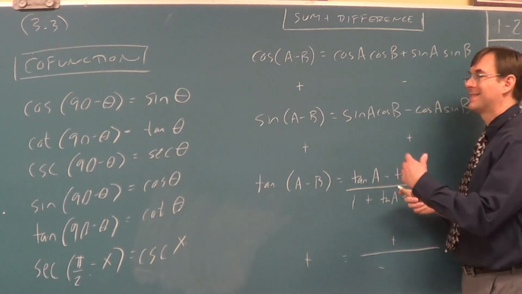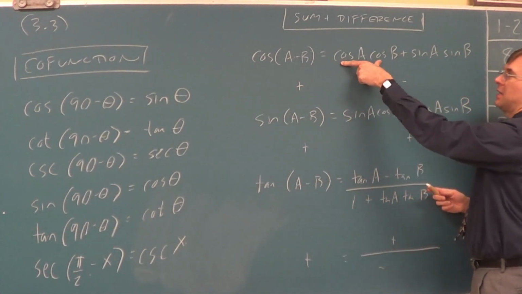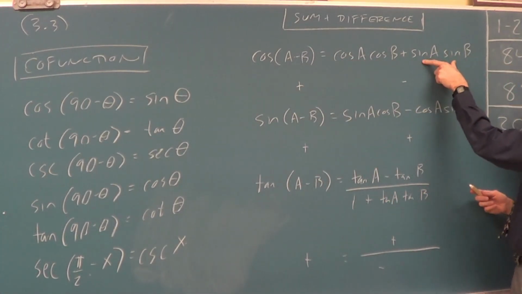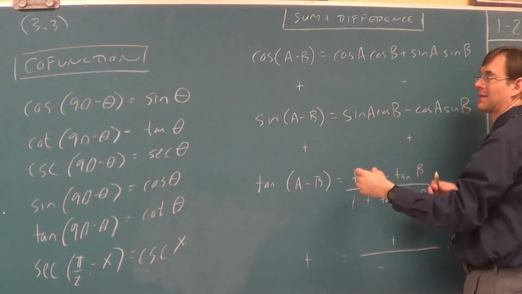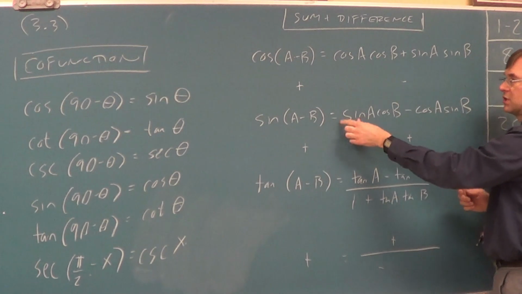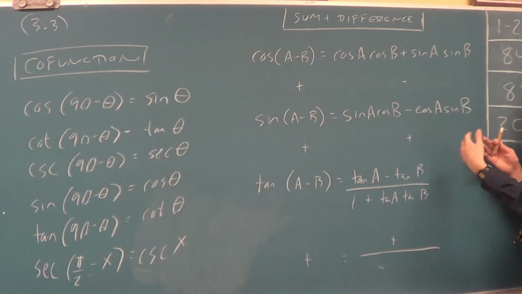Sine's going to go different. Sine has a little bit more of a scramble to it. Cosine kept the cosines together, kept the sines together, not a big fuss. Sine is a little bit more mixed. So sine, we're going to go sine, cosine, cosine, sine. A little more scramble.